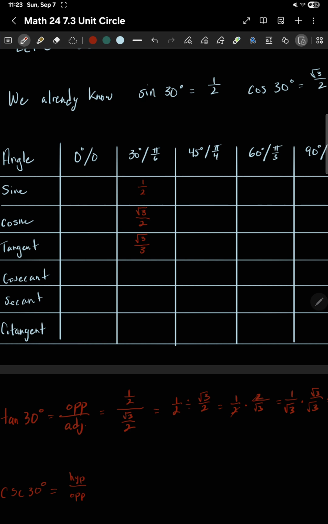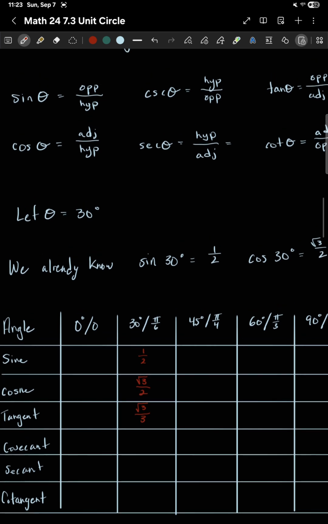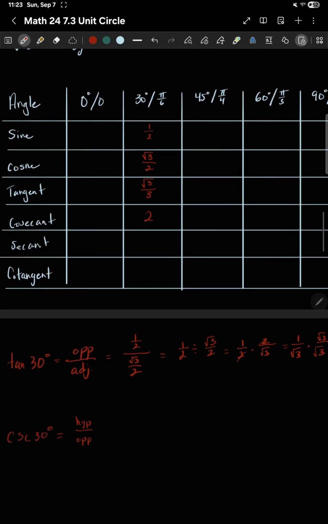And since we know, looking at sine, its opposite over hypotenuse is 1/2, all we really have to do is just flip the fraction. So to find cosecant, it's just 1/2 flipped. So that becomes 2 over 1, or we can just simplify that by writing the number 2. So cosecant of 30 degrees is just equal to 2.